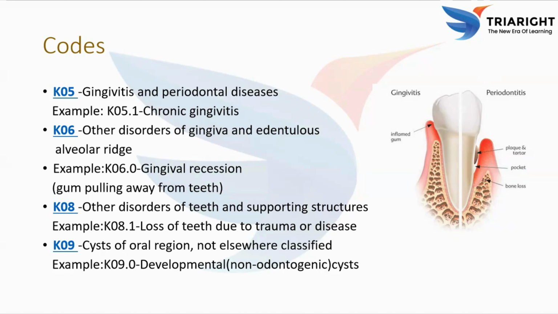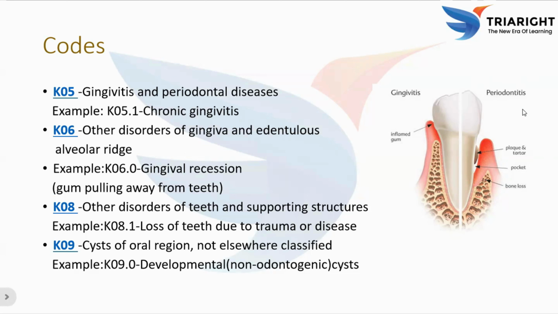Gingivitis is the inflammation of the gums, right? What you are seeing here, the pink colored part, is called the gums or gingiva. So inflammation of the gums is called gingivitis. This is caused by plaque buildup on the teeth. You can see the plaque development on the teeth.